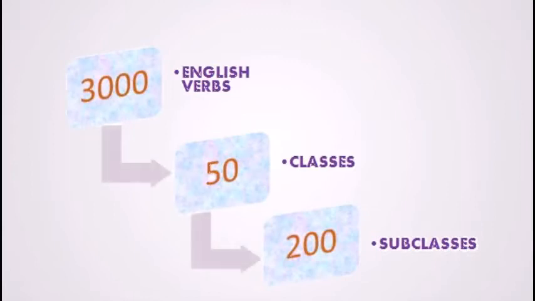Based on these correlations between semantics and syntax, Levin, 1993, sorted over 3,000 English verbs into 50 classes and 200 subclasses.